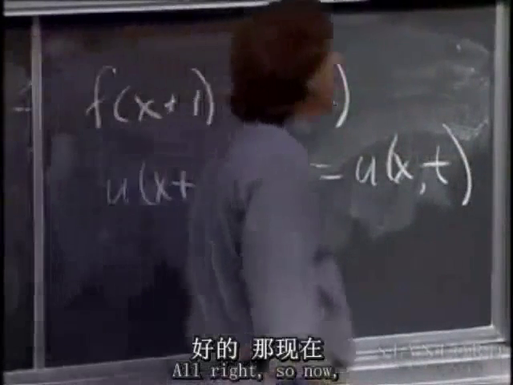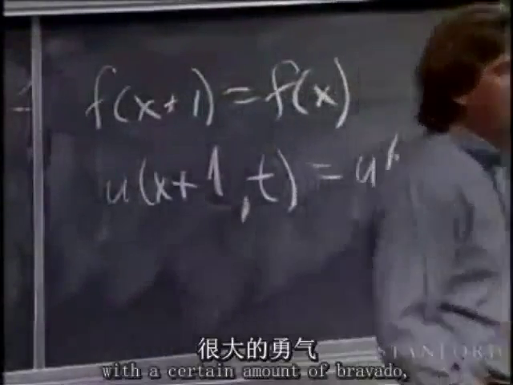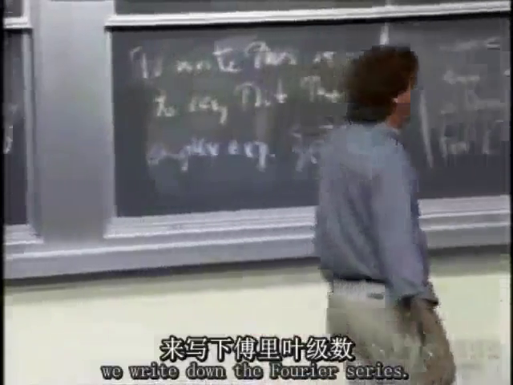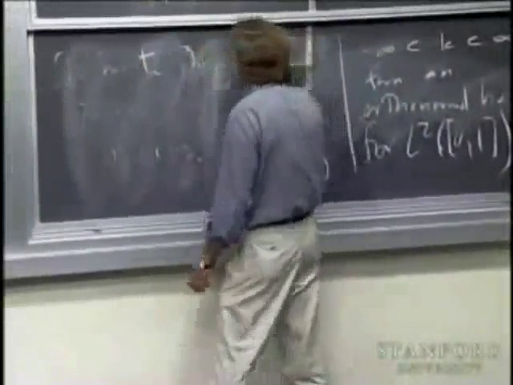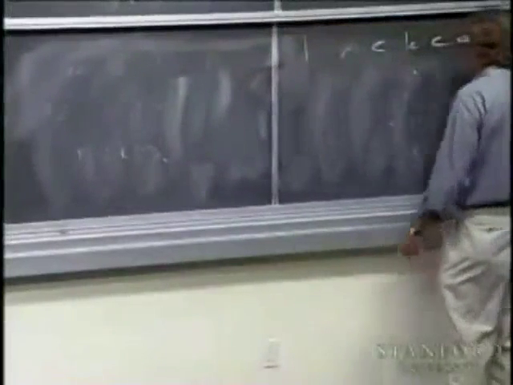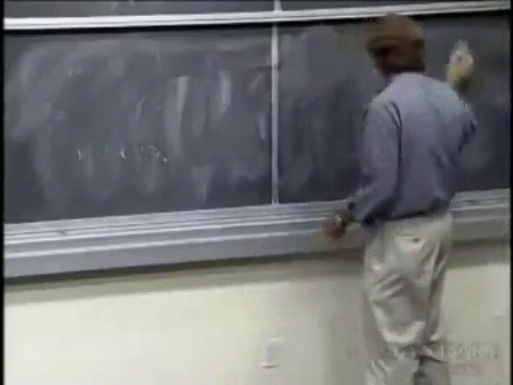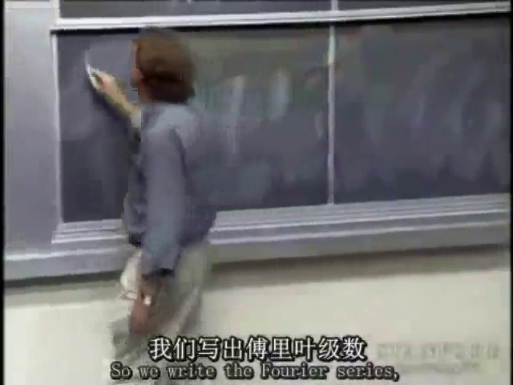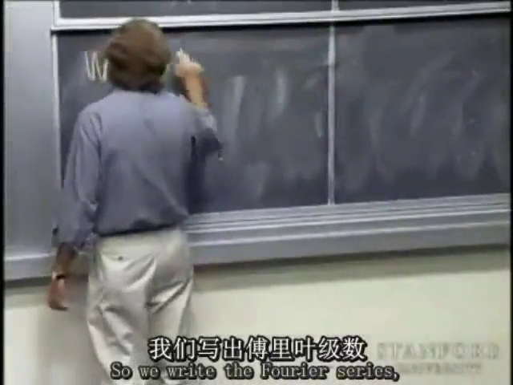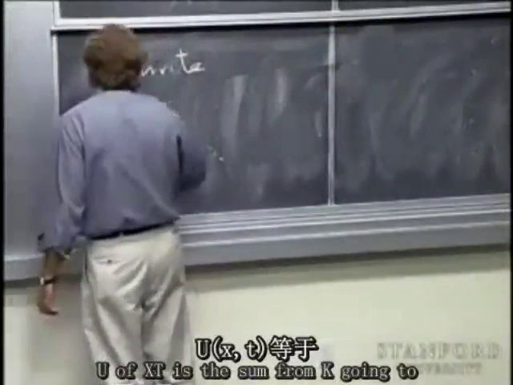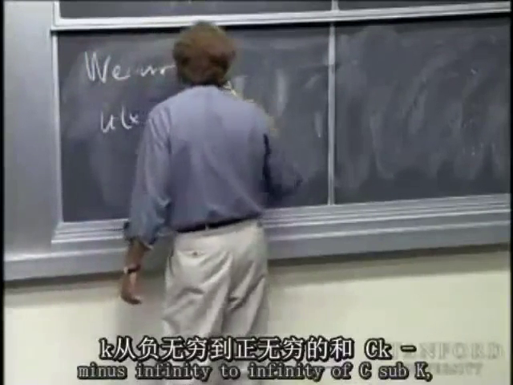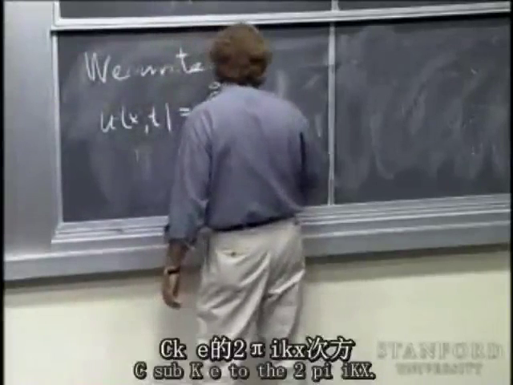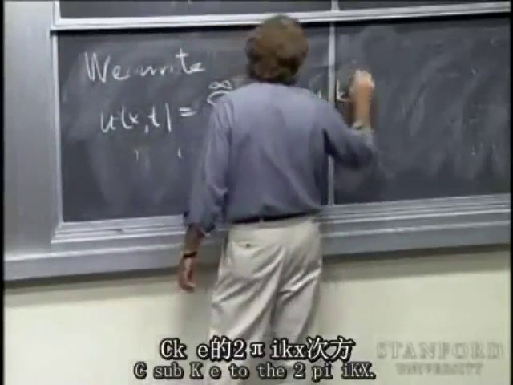All right. So now, with a certain amount of confidence, with a certain amount of bravado, we write down the Fourier series. u of x,t is the sum from k going from minus infinity to infinity of c sub k e to the 2 pi i k x.